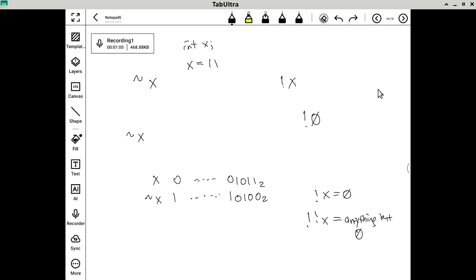But in C, you can do it. In fact, that's the only way to do it in C.